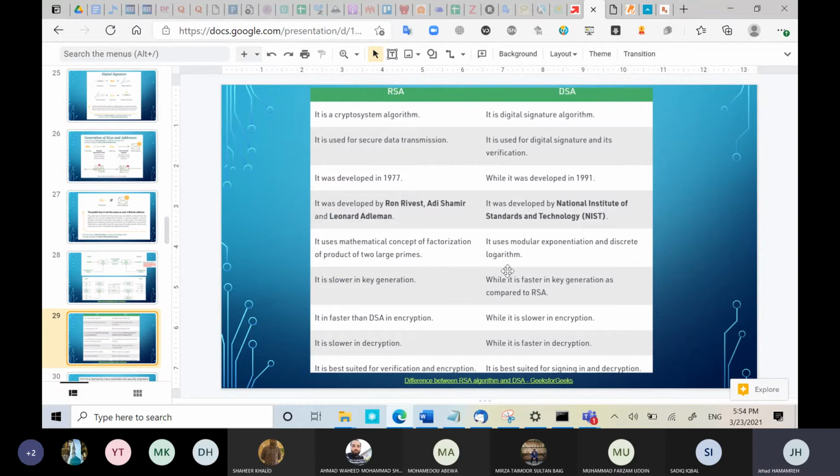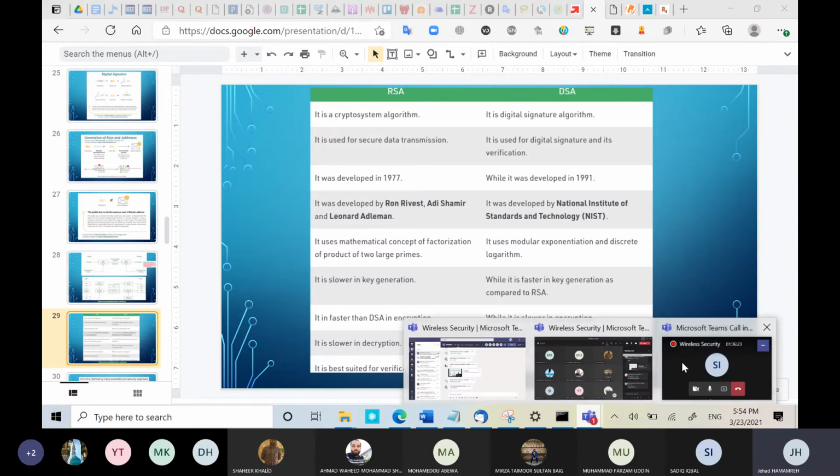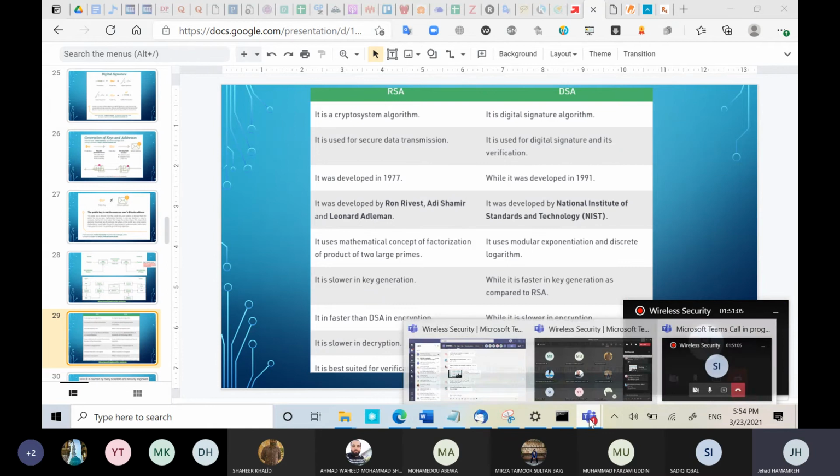DSA is a little bit faster compared to RSA. RSA is faster than DSA in encryption in general, and DSA is slower. RSA is also slower in decryption, while DSA is faster. The main motivation behind DSA is that it can make the encryption and decryption process faster.